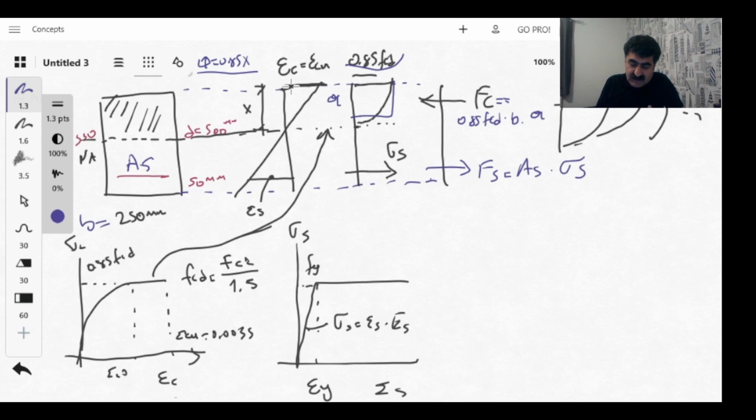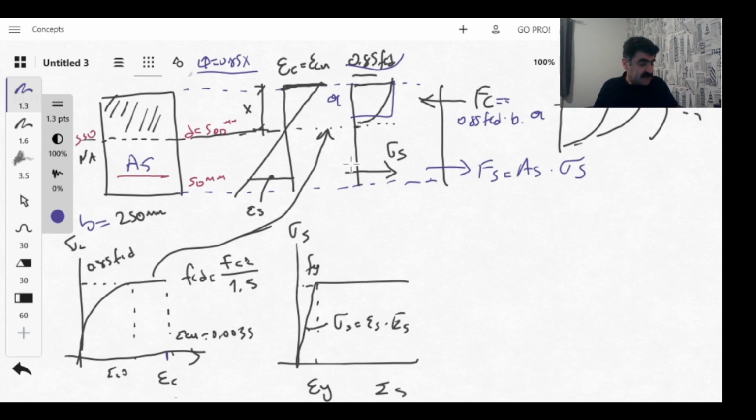The maximum strain we want at the outer of the compression section will be equal to the failure point of the concrete, 0.0035. And then we want yielding in the steel, because if steel does not yield, we are not going to have a ductile failure. The deflection will be so small.